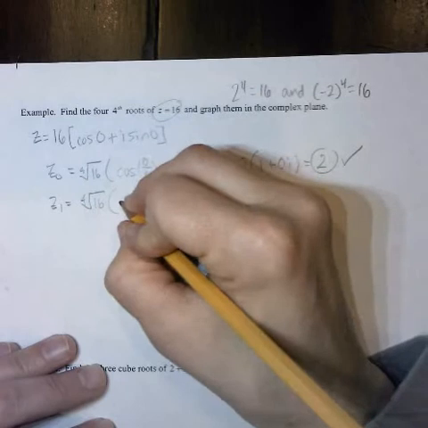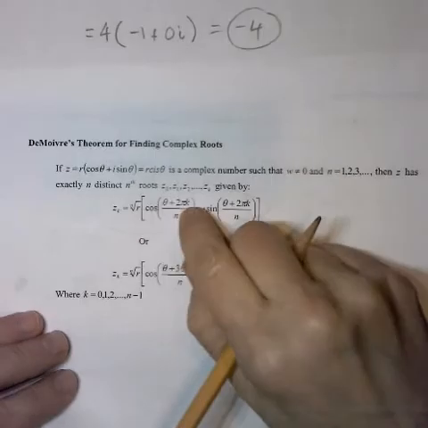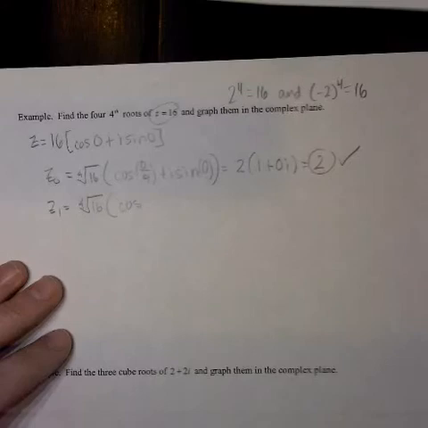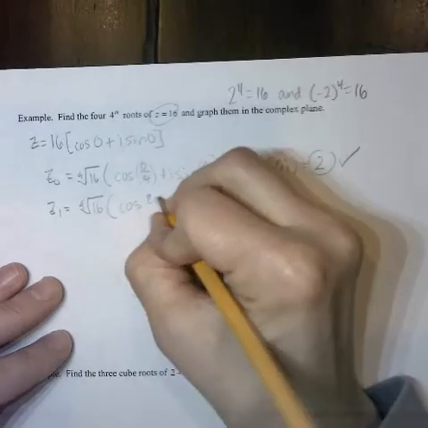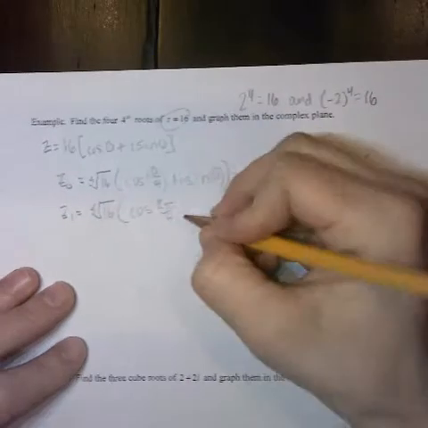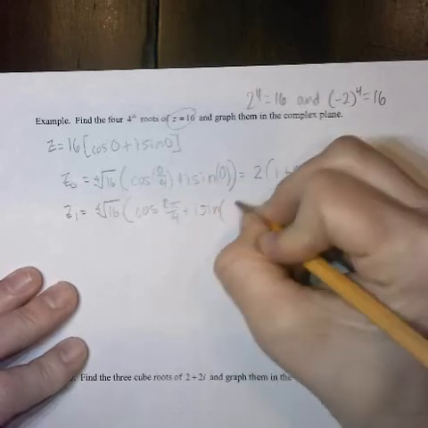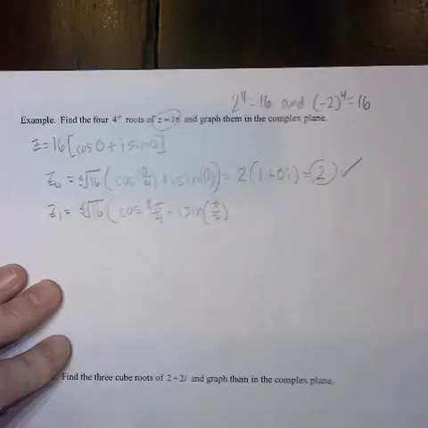So now we're going to take cosine of theta plus 2 pi, because k equals 1. So in this case, that will be 0 plus 2 pi is 2 pi, and divide that by 4. And of course, 2 pi over 4 is pi over 2, so I'm just going to write pi over 2 there.